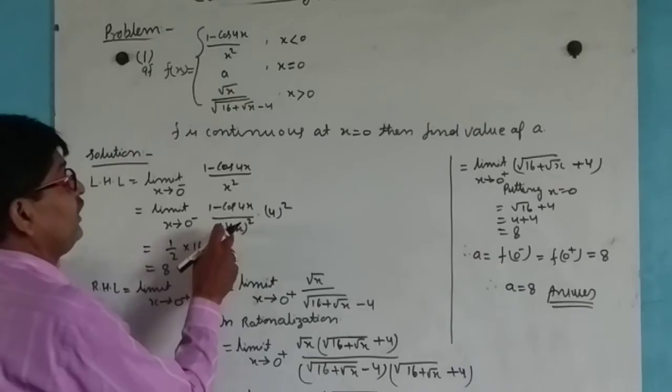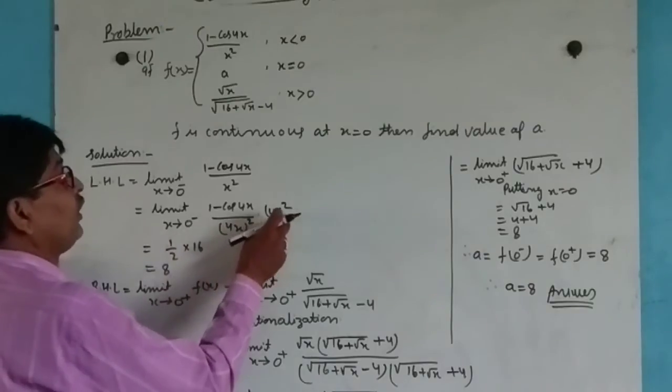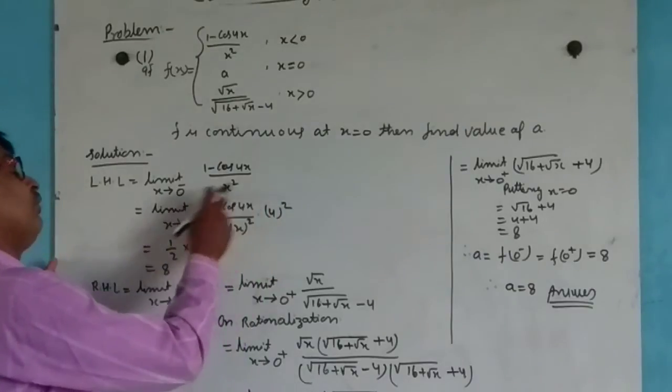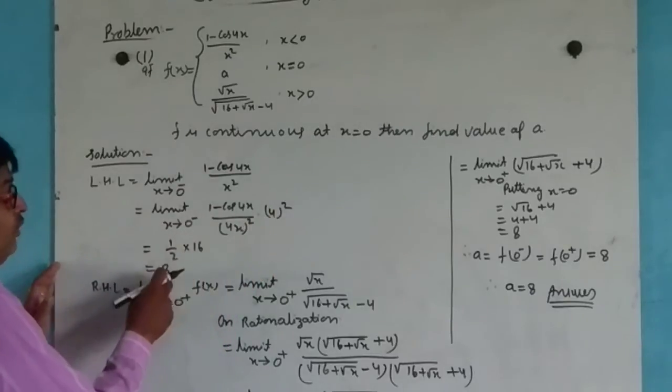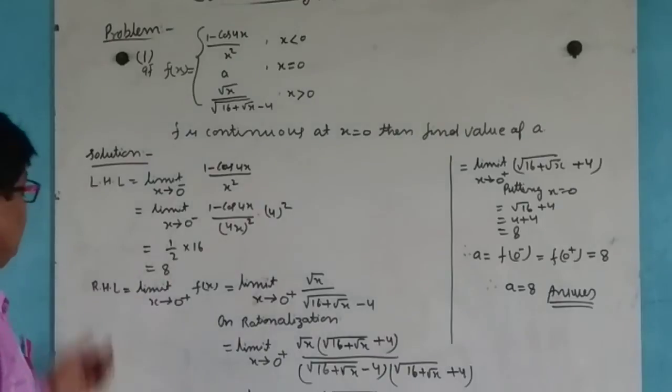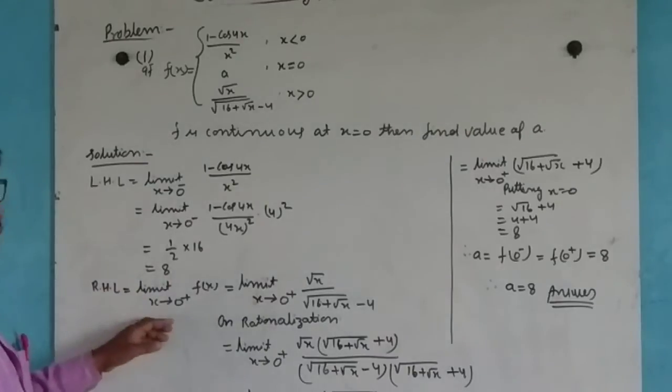And we arrange the 4 to the power 2 here, 4 squared is 16, half into 16 equal to 8.